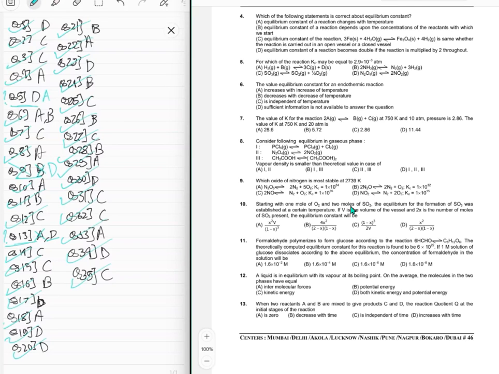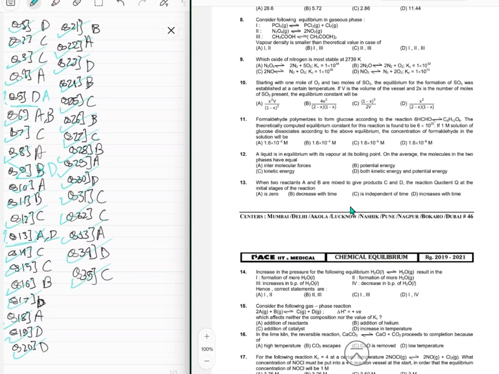Question number 13. So when two reactants are mixed to give products, okay, the reaction quotient at initial stages of the reactants. So question number 13, I gave A as the answer, which is correct because it's almost zero, right? But they gave only D as the answer. So I think by initial stages they mean the first initial stage, and also some period after that.